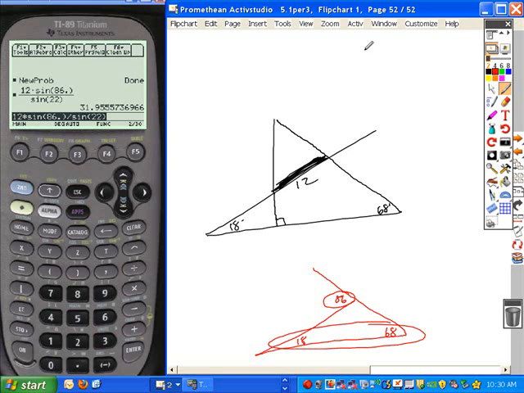Now, you could have also found it, again, if you know that this is 68 and this is 18. If you were to sketch in your own parallel line right here, then corresponding angles are equal. So that upper portion is 68. Alternate interior angles of parallel lines are equal, so this bottom portion would be 18. So you could add them together in that way, too. Other questions on that problem?